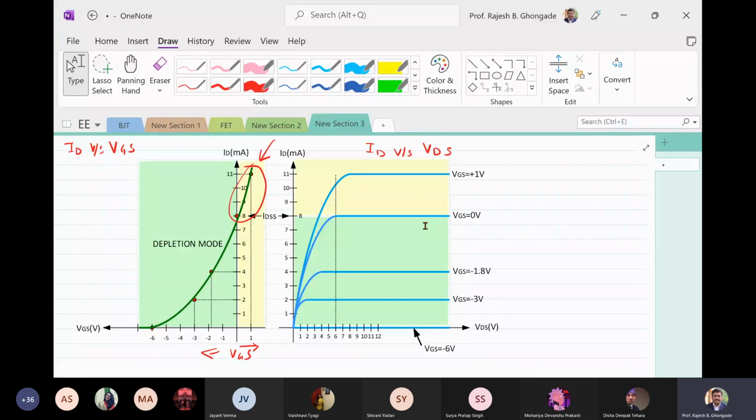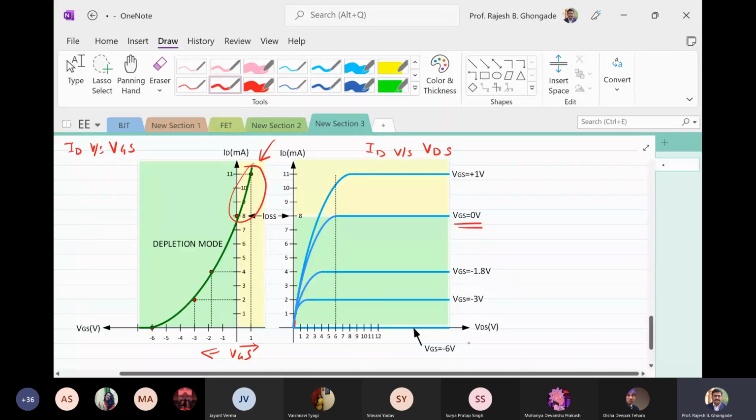So at a constant value of VGS equal to 0, if I increase VDS, you can see that ID increases rapidly, more or less just like the JFET. And then it saturates; the drain current saturates.